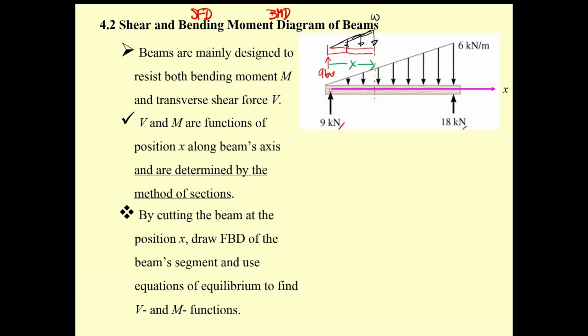You can determine w over here easily by using similar triangles: w divided by x equals 6 divided by the length, which is 9 meters. So w is going to be 6 over 9 x, or you may say 2x over 3.